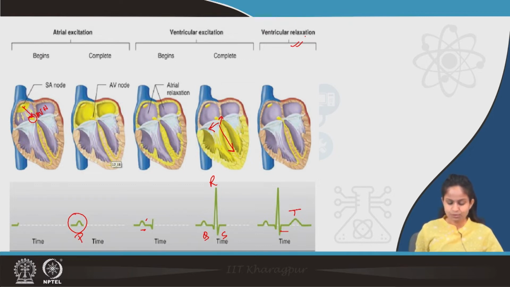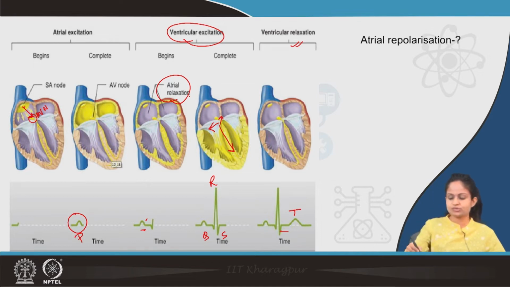So, what is very important to know is, during the ventricular excitation or ventricular depolarization, another event is coinciding with the ventricular depolarization, which means atrial relaxation. Atrial relaxation is a mechanical event. So, we get an electrical event, that is atrial repolarization. So, where does this atrial repolarization go?